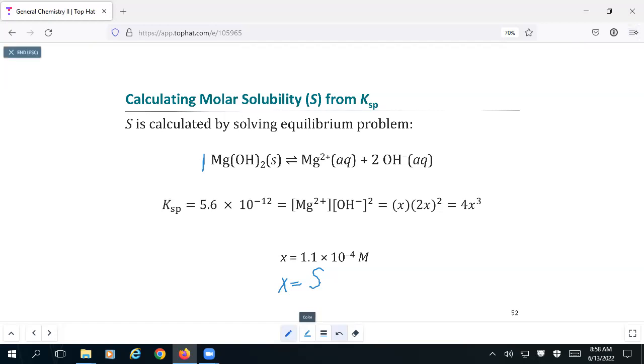So Ksp values usually tend to be on the smaller side. Again, we're talking about things that are not soluble in water, or at least not appreciably soluble in water. So they tend to be on the smaller side. We tend to get X values that kind of match that. One thing we will have to notice is that we will have to be careful from time to time.